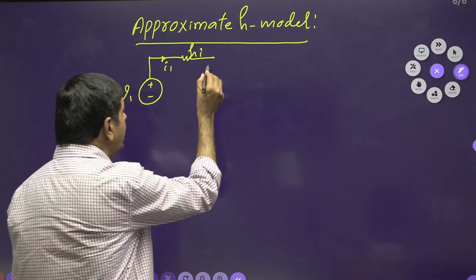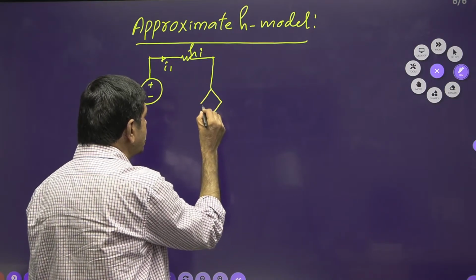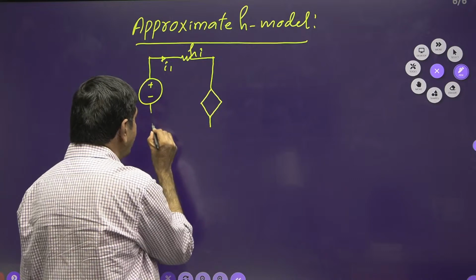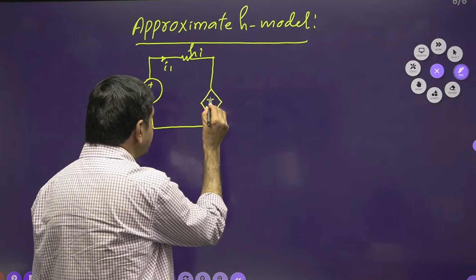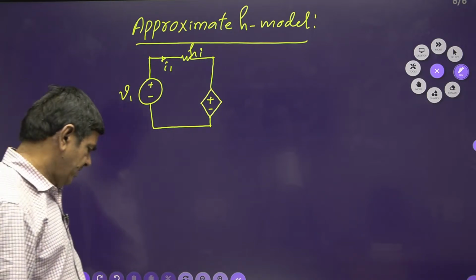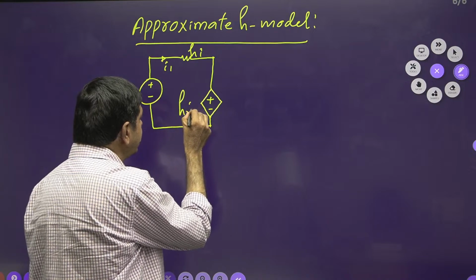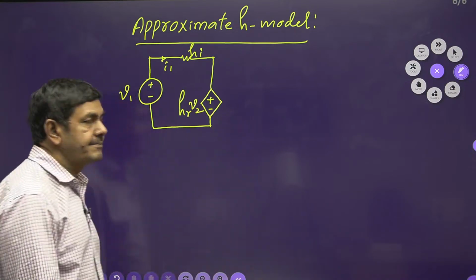And also here the input contains one dependent source, a voltage source. This is HR into V2, which I gave already.